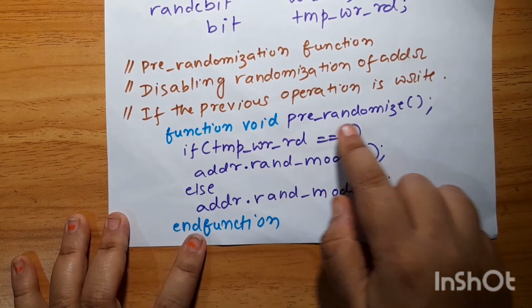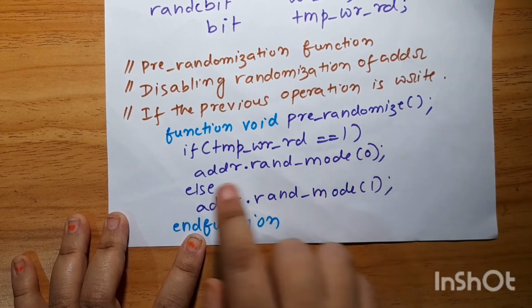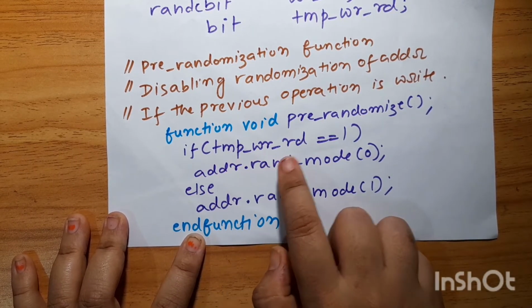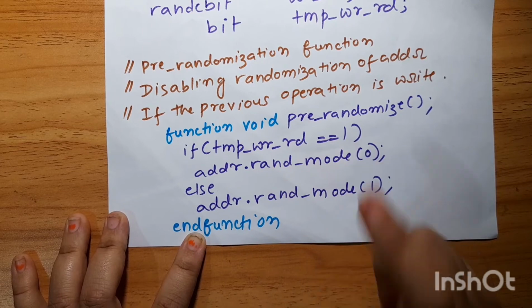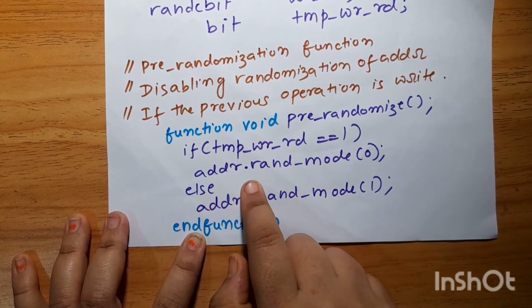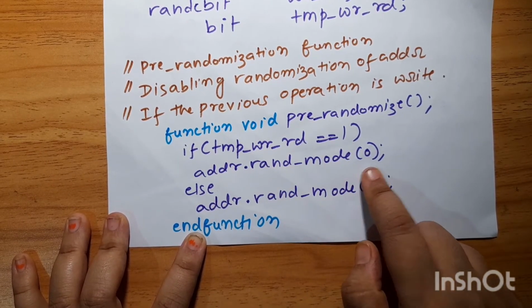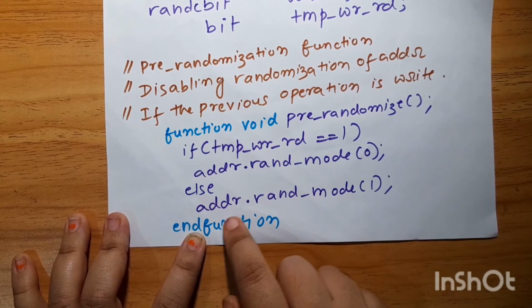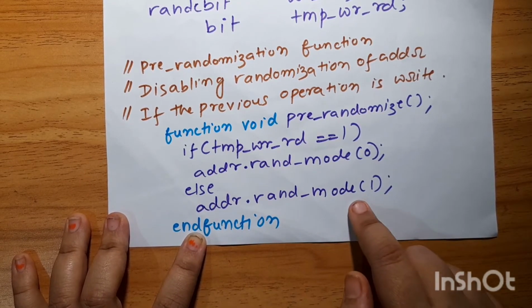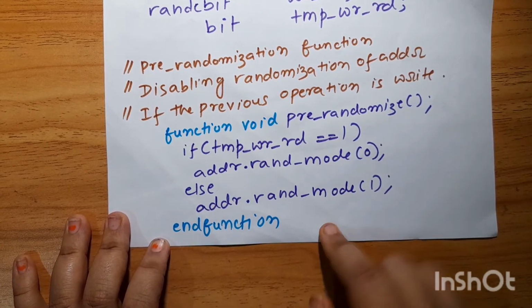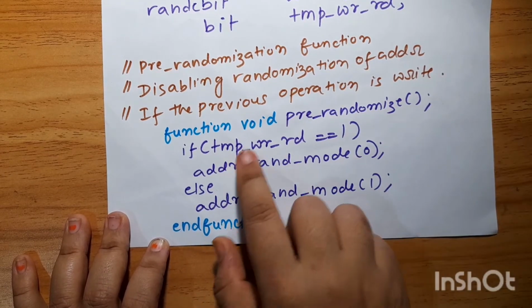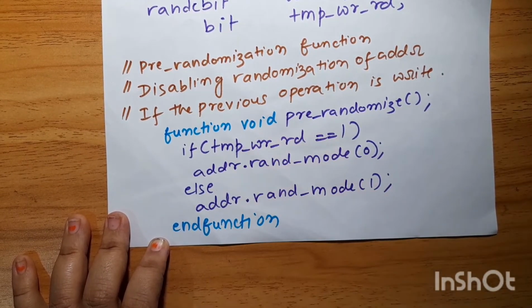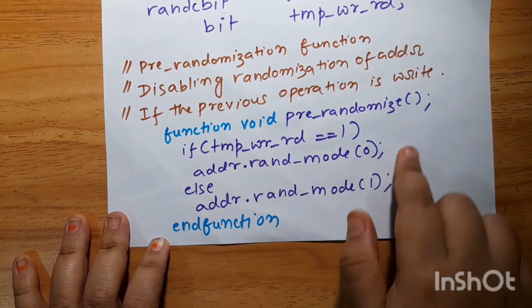Function void pre_randomize; if temp_write_read is equal to 1, addr.rand_mode(0); else addr.rand_mode(1); endfunction. You see, if temp_write_read happens to be 1, then this address rand_mode would be 0.